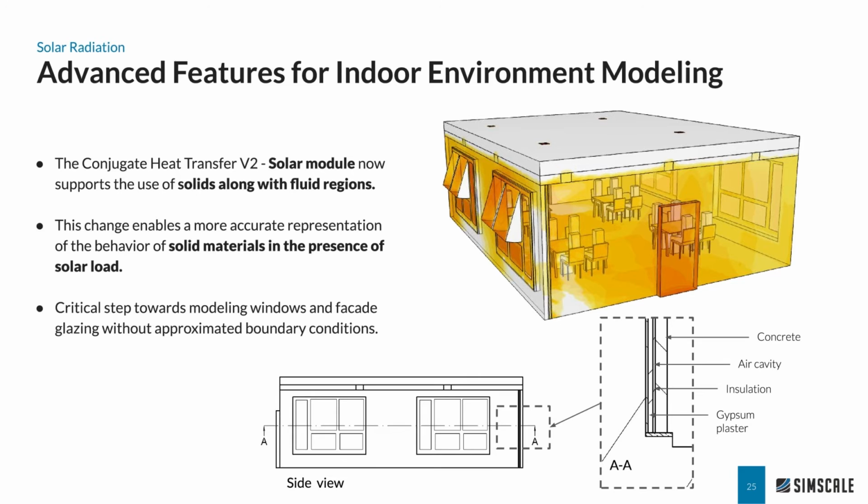And this enables us to really be more efficient with the simulation setup, but get even more accurate also with our results, as we can really take into account the actual local behavior that these solids have in our actual simulation. So if the sun is hitting the solids, it's heating up, it's radiating heat back into the domain and so forth. This is all modeled in the new coupled conjugate heat transfer solver with the solar module.